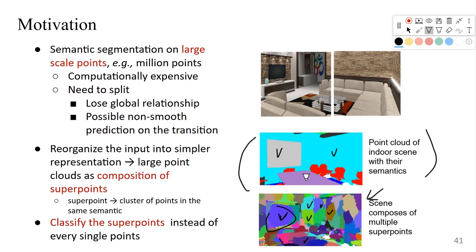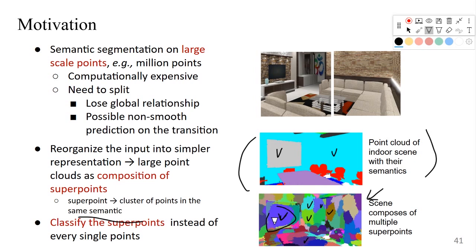Usually when we decompose a point cloud into superpoints, we expect two properties. The first is that for every superpoint, all the points should be homogeneous in semantics. The second is that we want as few superpoints as possible.